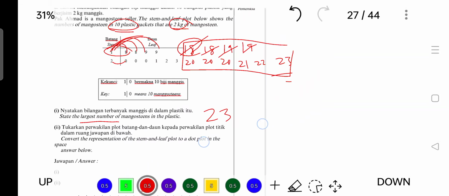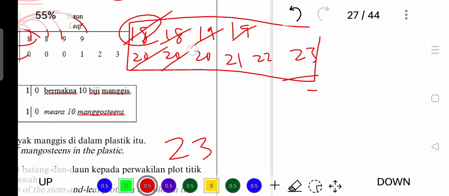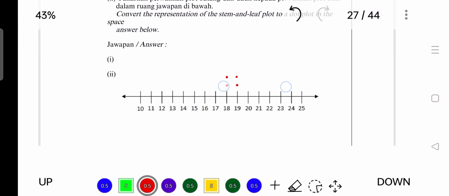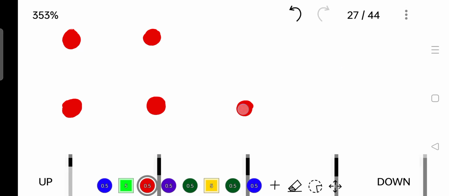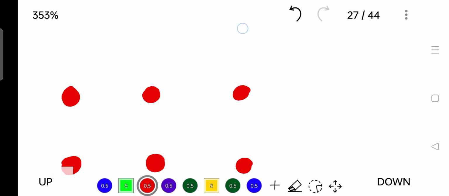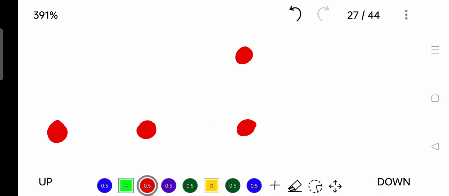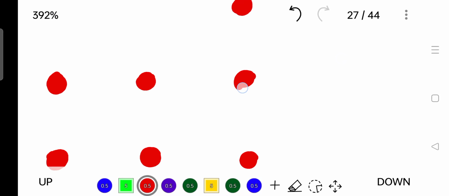Okay, so right after that we have 20, 20, 20. We have three 20s there. So again 20, 20. Okay, and another one with the same space is 20. Maybe I should make it a little bit bigger, I don't know.